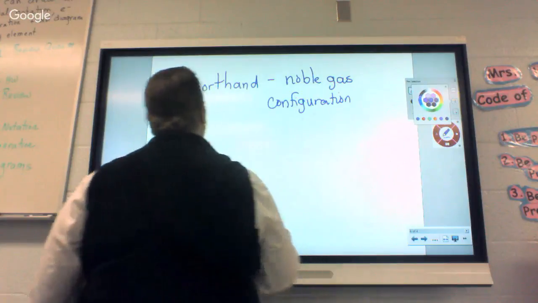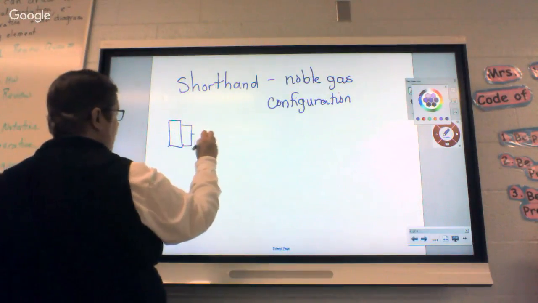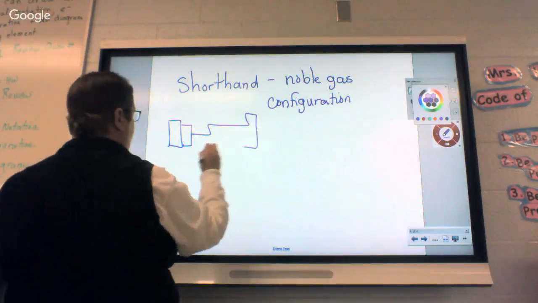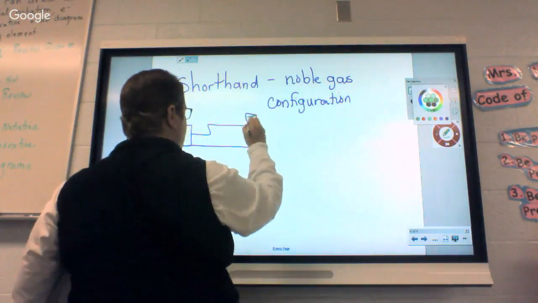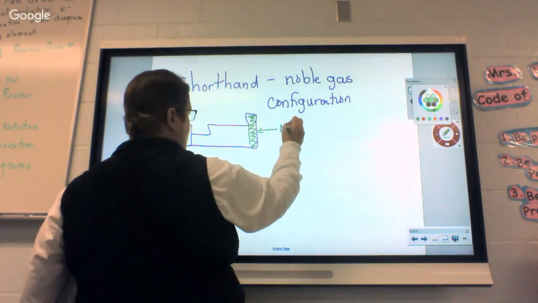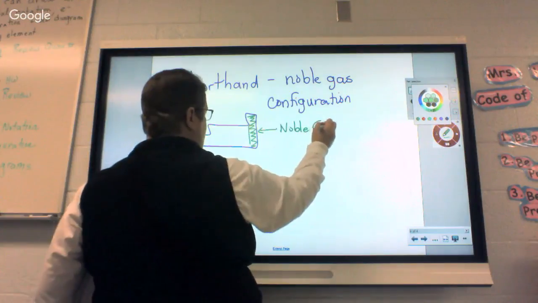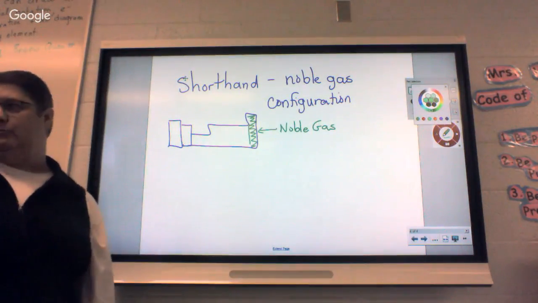Noble gas configuration is based on using a noble gas. So the first thing we have to know is where are the noble gases. On a periodic table, the noble gases are right here. Those are the noble gases, in case you don't know that. They're in that very last column.